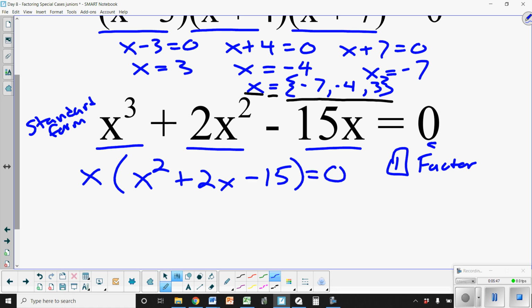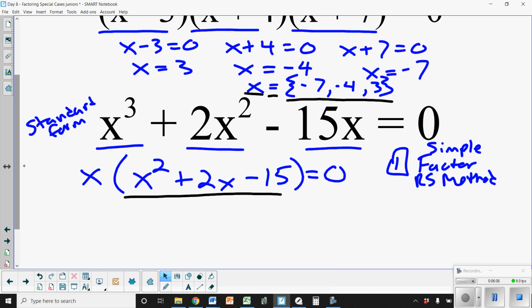First thing, notice what we did is we actually did simple factoring. Now, can we factor this part that I'm underlining right now? Can we factor x squared plus 2x minus 15? Yes, we can. So not only are we going to do simple factoring, we're actually going to do the RS method, because we know that if we have three terms, then we can see if we can do the RS method.